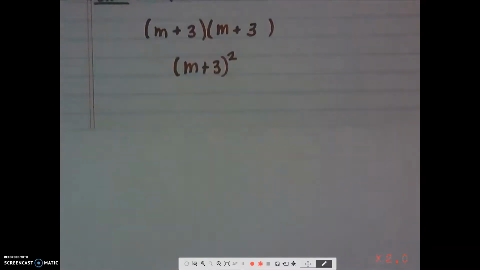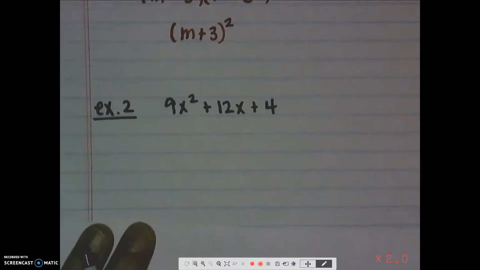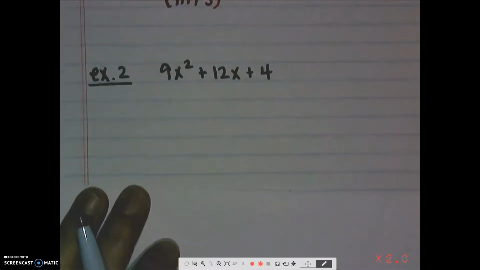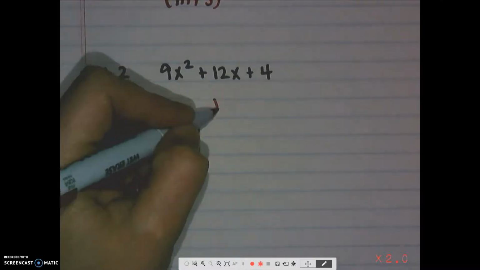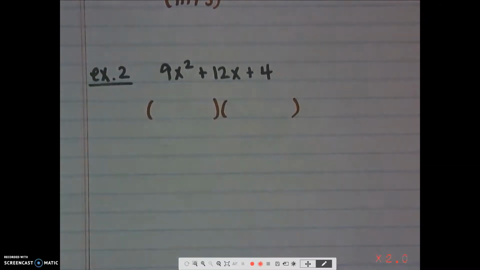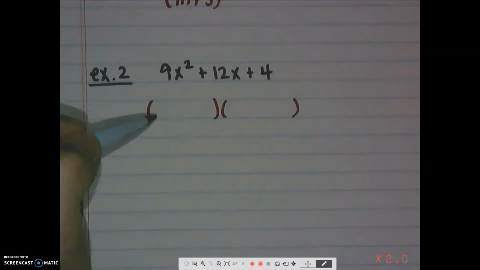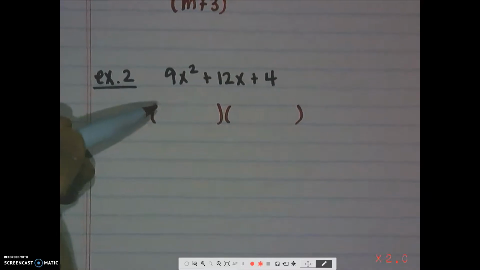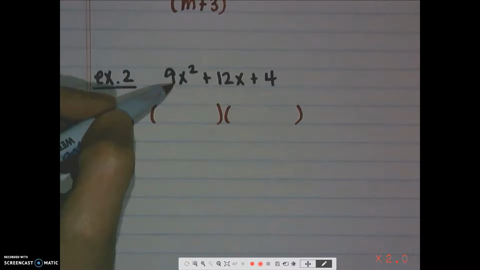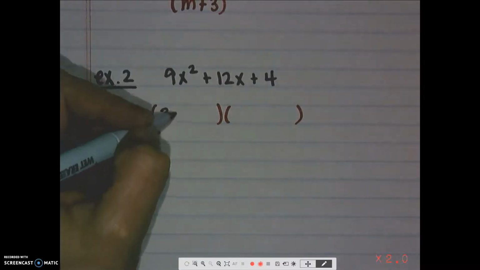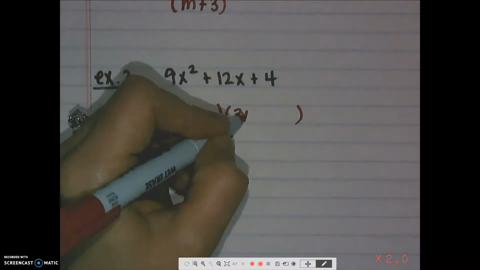Okay, so let's look at another one where we have 9x squared plus 12x plus 4. So here, this is in our perfect square trinomials unit or lesson. So that means that we're looking for something to be the exact same binomial multiplied by itself twice. So if the first two spaces have to multiply to give us 9x squared, we're going to do that by using 3x and 3x.